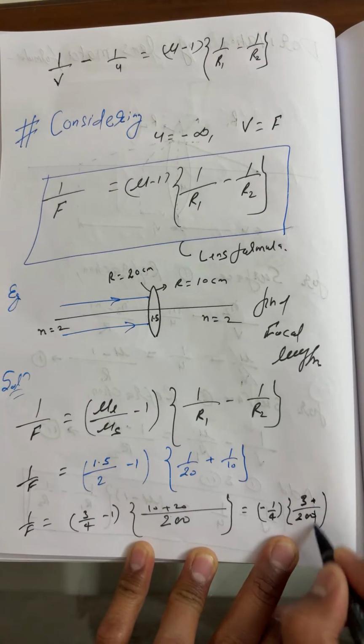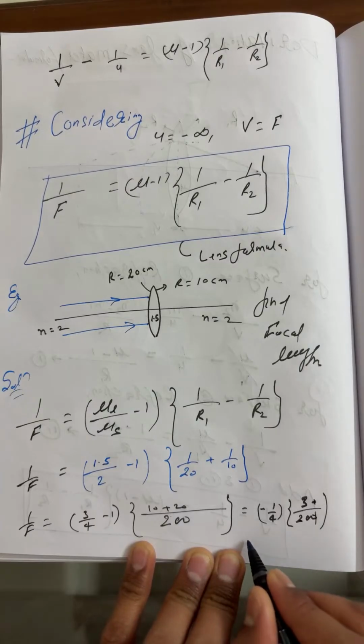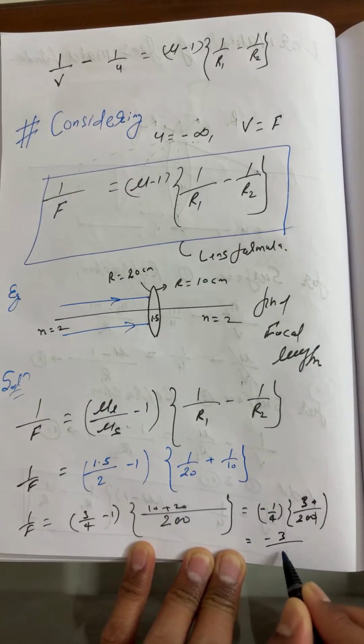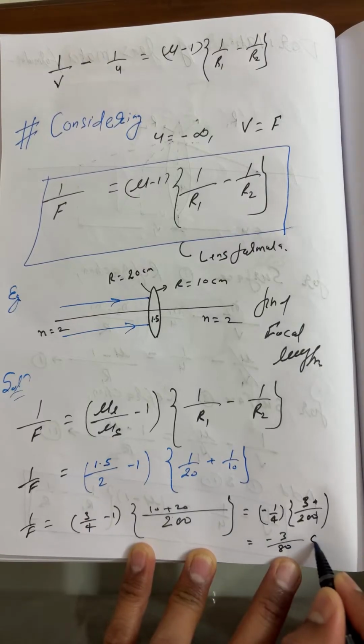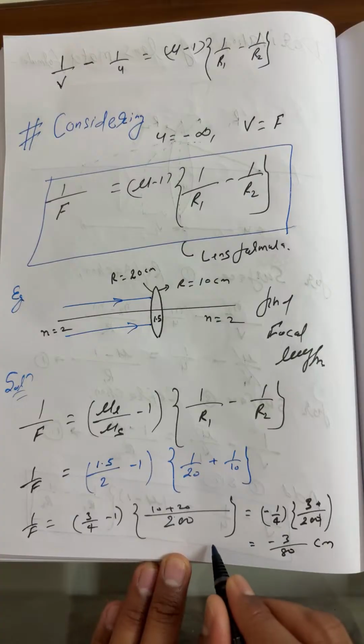So this cancels, and you can write minus 3 by 80 per centimeter. It's 1 upon f.